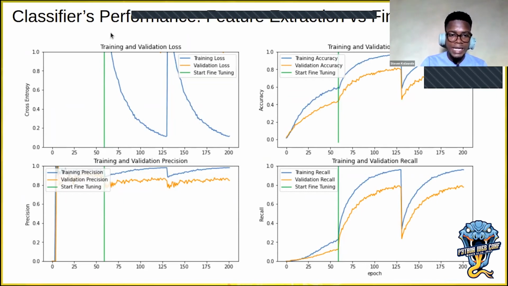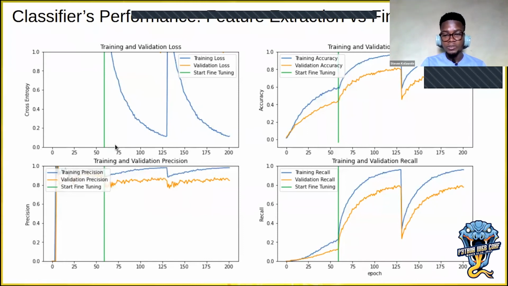The vertical green line is the point where we start fine-tuning, right? And you can see here that the loss was flat during the feature extraction approach. But when we started fine-tuning, you could see that the loss really came down, to around 0.1.